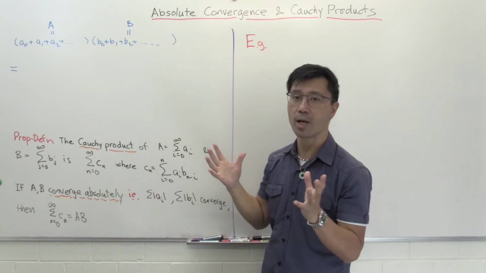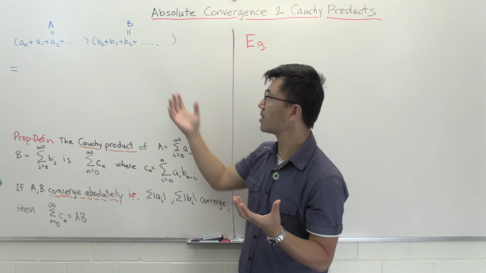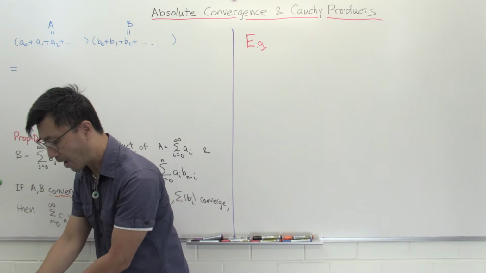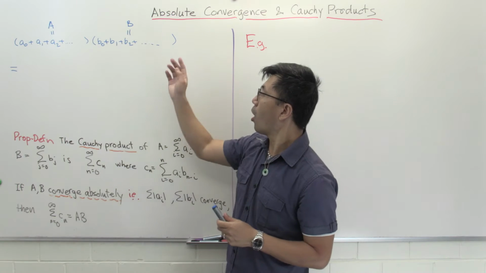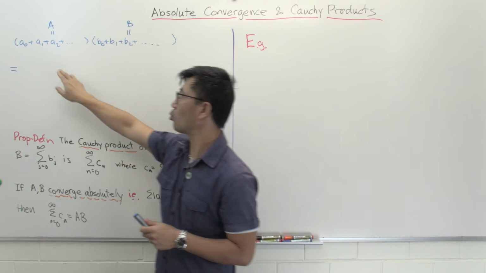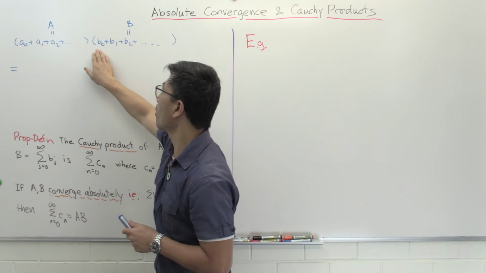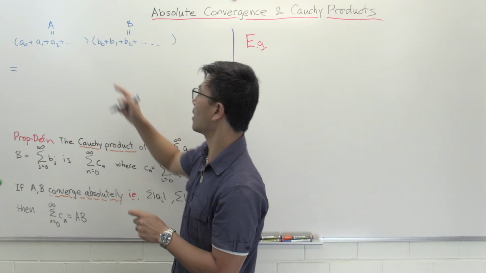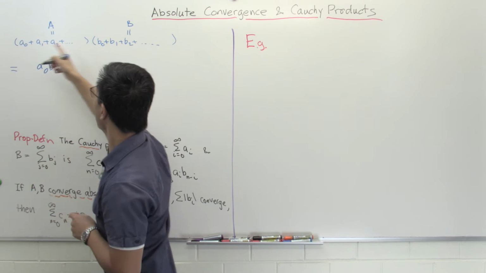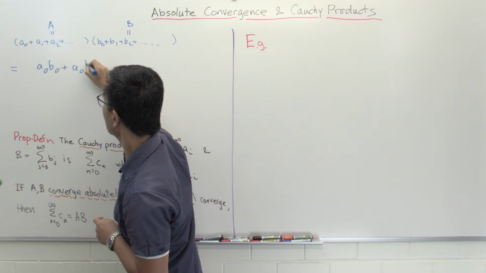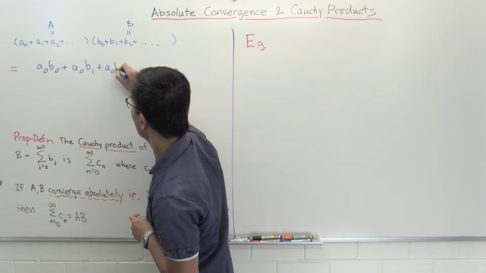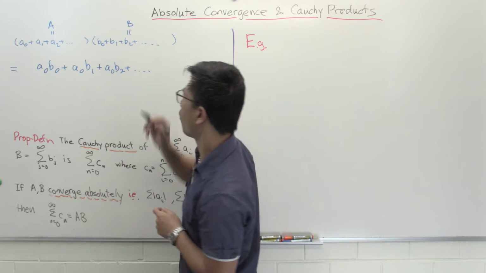But the natural question is, what happens if you want to take the product of these? Let's do a little thought exercise and write out what might be some sort of answer. Let's just pretend that we can expand as per usual. We take A0 and multiply it by this series, so we get A0 B0, plus A0 B1, plus A0 B2, and so forth.